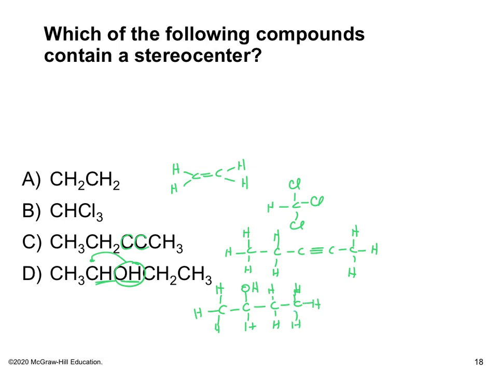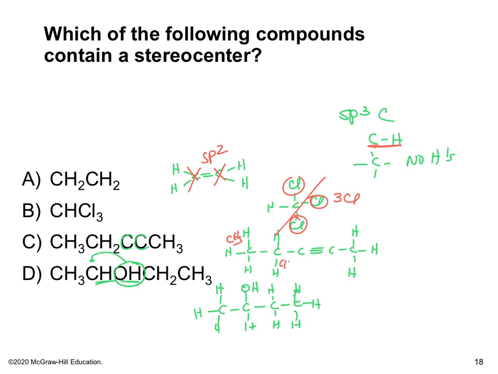Now, do you remember I said I look for sp3 carbons, and they have to be either a CH or a carbon with no H's. So I'm going to definitely say no to an sp2 carbon. These are sp2. This carbon is a CH, methine, but it has 3 chlorines, so that's a no. These are CH3s, and a CH2, those cannot be. This is sp, and this is a CH3, so we don't worry about those.